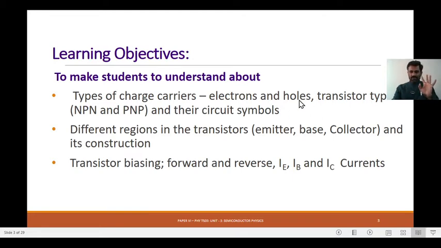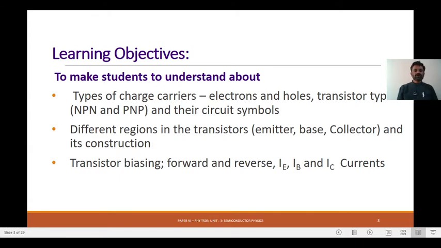There are also different types of transistors: the NPN transistor and the PNP transistor, and their circuit symbols. A symbolic representation is different from the circuit symbol. One should know the circuit symbols of the NPN and PNP transistors.